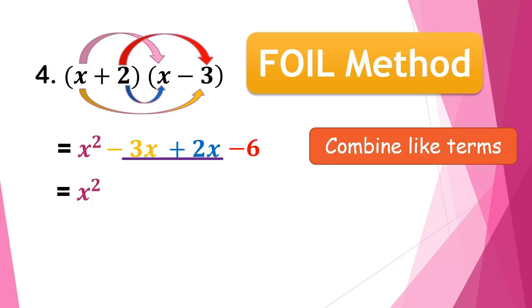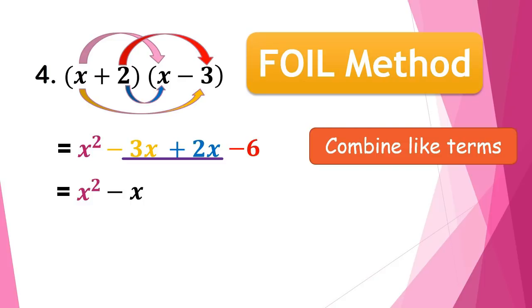Since one of the given terms is negative and one is positive, instead of combining, we need to subtract. So it will become negative 3 plus 2. So the answer is negative x.